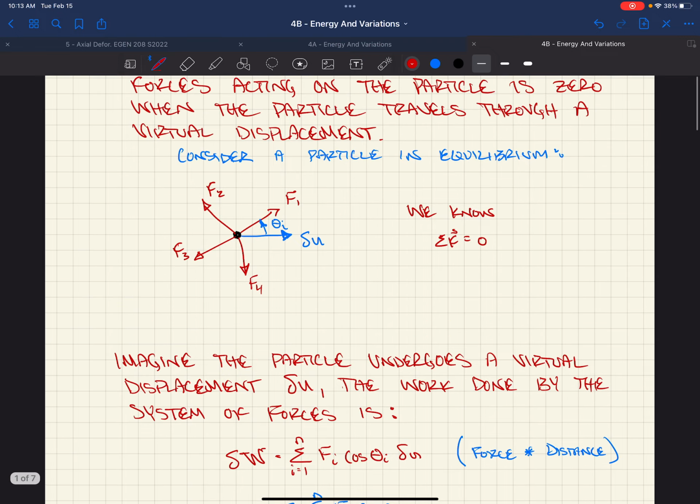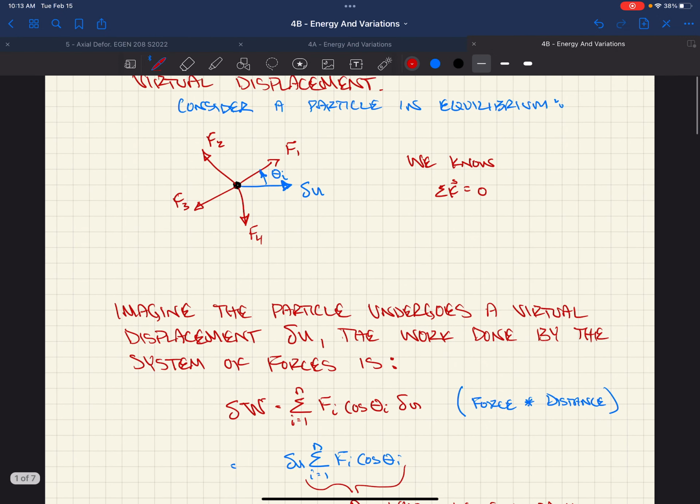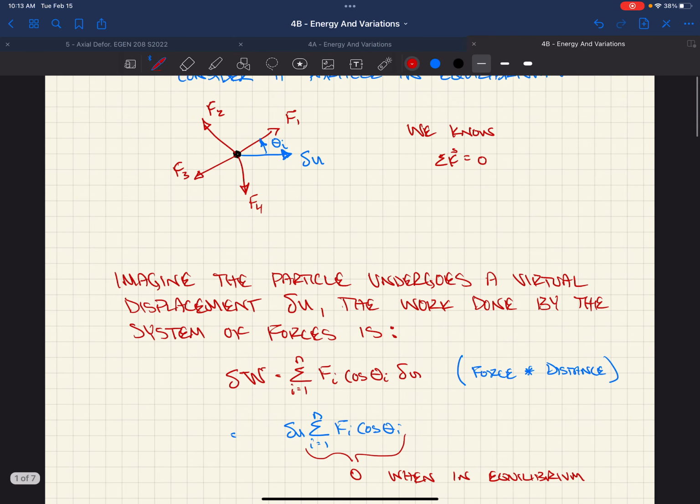So all the forces acting on that particle, the work done by the system of forces would be whatever forces are acting on that particle, whether it's internal or external. And whichever direction that virtual displacement was, we could get a work done by those forces on that particle.